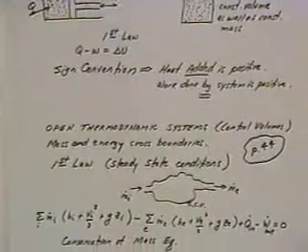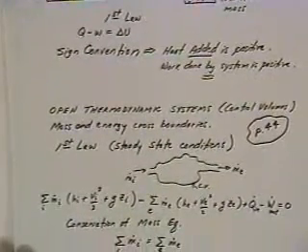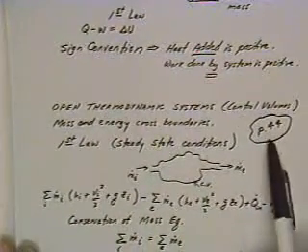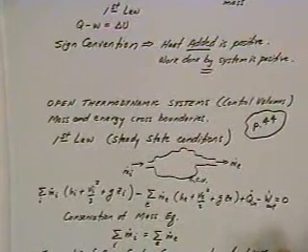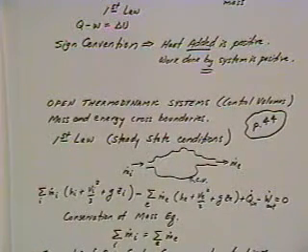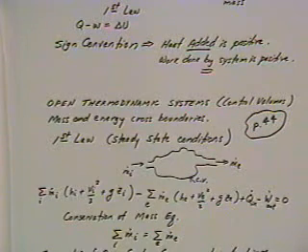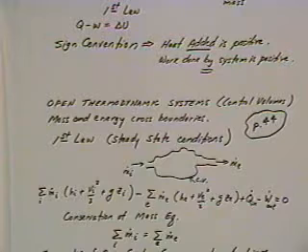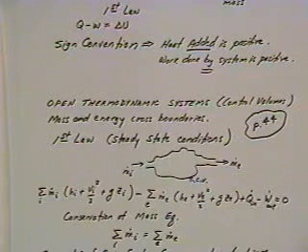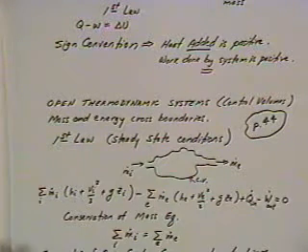The other type of system that we want to talk about is open thermodynamic systems. These are discussed on page 44 in the reference manual. Open thermodynamic systems are also called control volumes. Those two names are synonymous with each other, and in the open thermodynamic system, both mass and energy cross the boundaries.